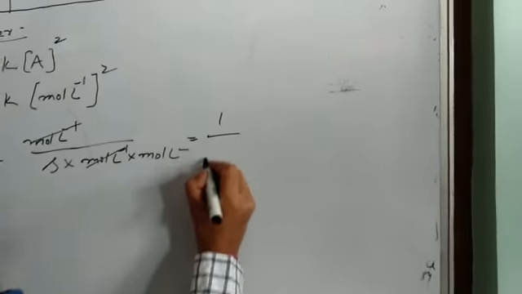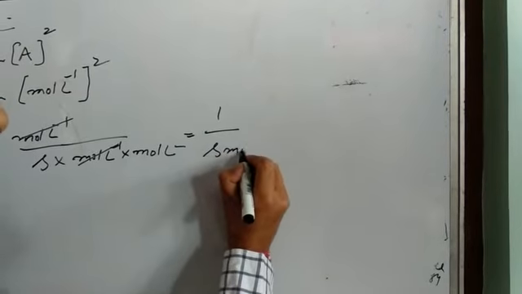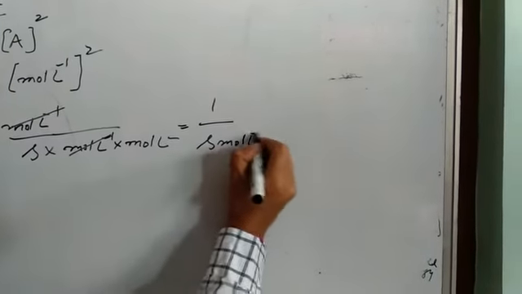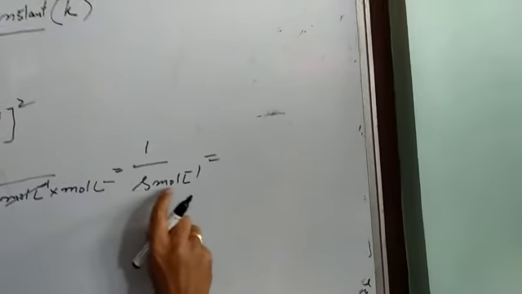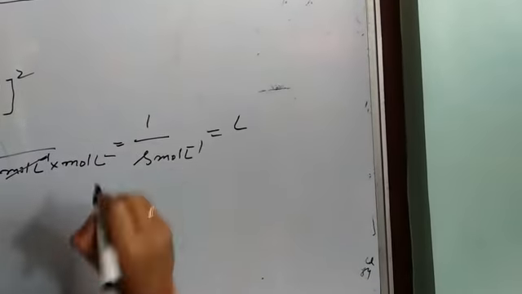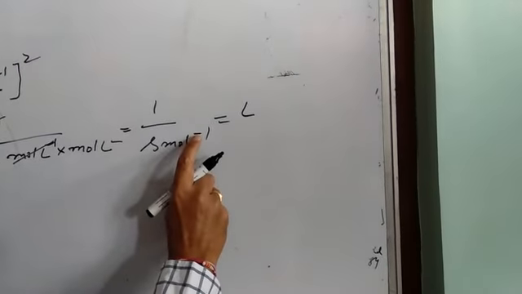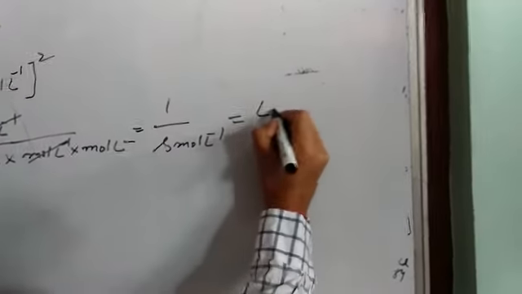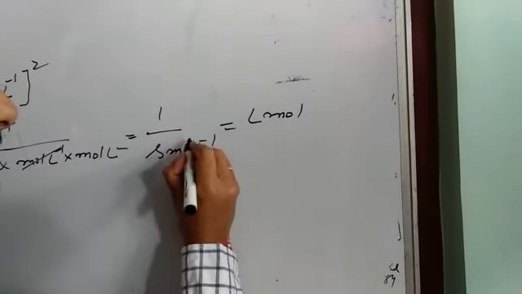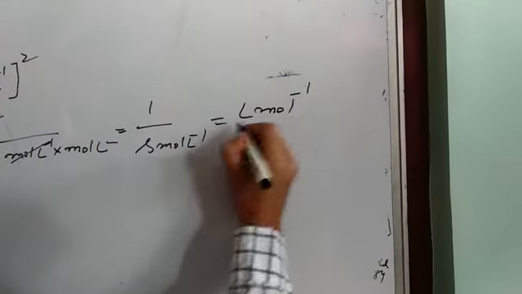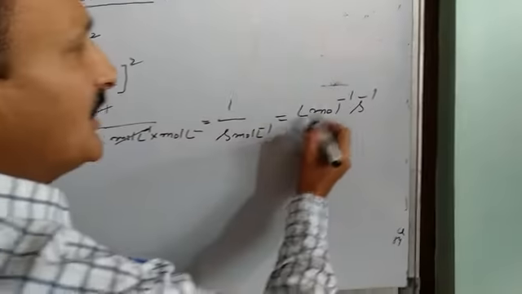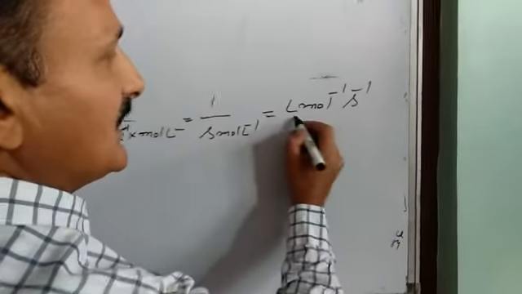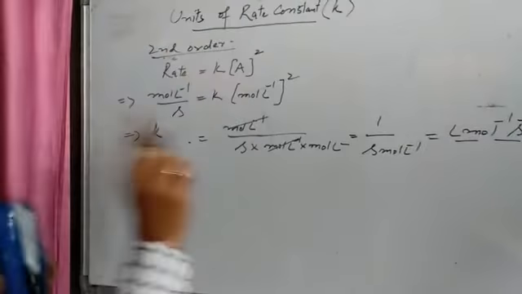It will be 1 upon S and mole per liter. Bringing them to the numerator, this will be L. This is minus, this will become plus. Then mole, this is plus 1, this will become minus 1, and second will similarly become minus 1. So this will be liter per mole per second. This will be the unit of K for a second order reaction.